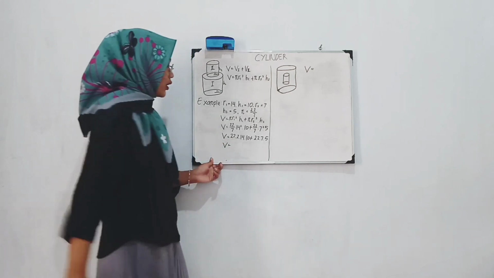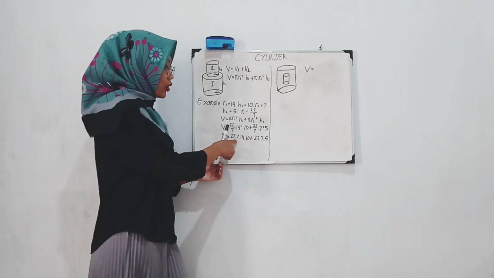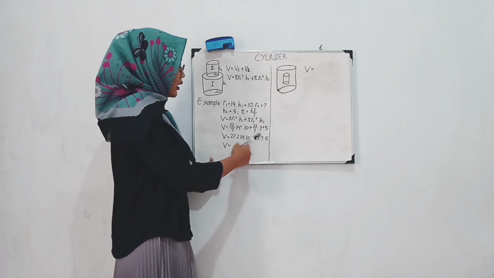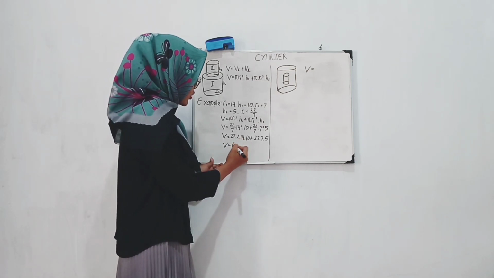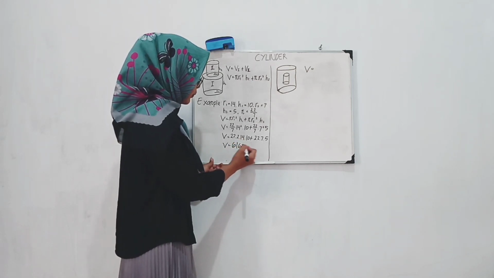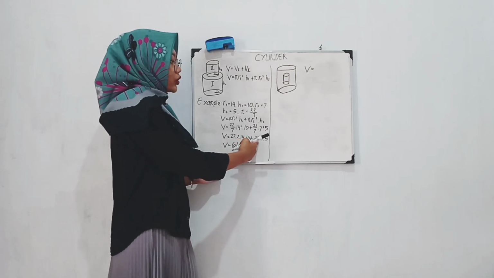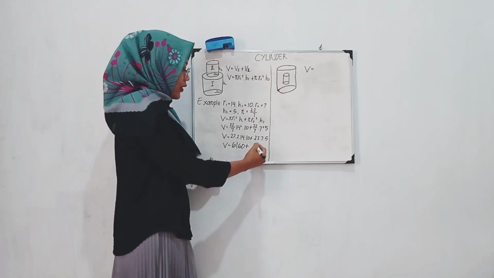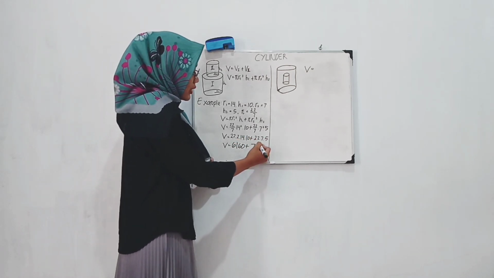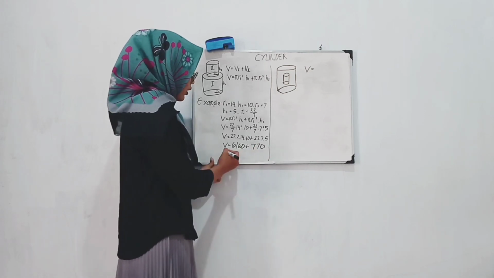Volume equals 22 times 2 times 14 times 10 is 6160, plus 22 times 7 times 5 is 770.